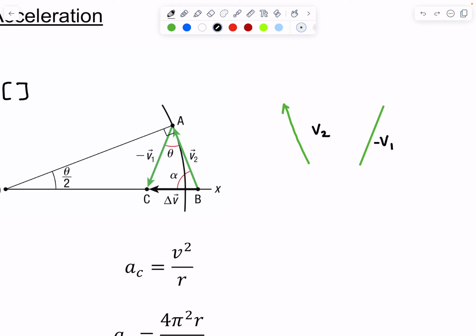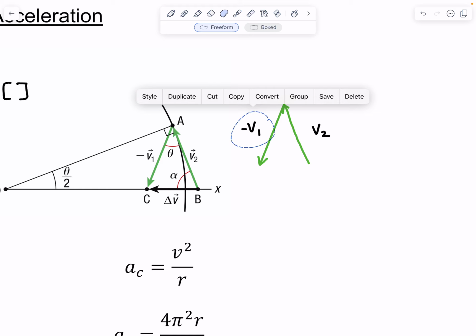Just stylize that in green. So v2 minus v1 would look like this. This is the tail to tip method, in which we are adding v2 plus minus v1.